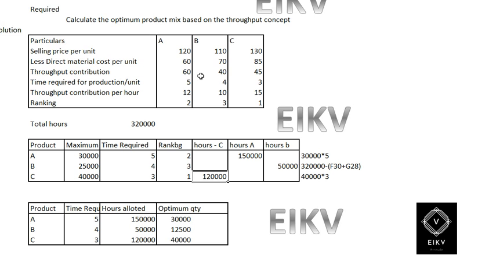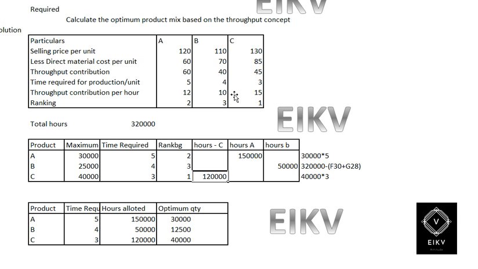That is 60 divided by 5, which gives 12; 40 divided by 4 gives 10; and 45 divided by 3 gives 15. These are the contributions we receive on a per hour basis. So for 1 hour of manufacturing product A, we get rupees 12 as contribution.